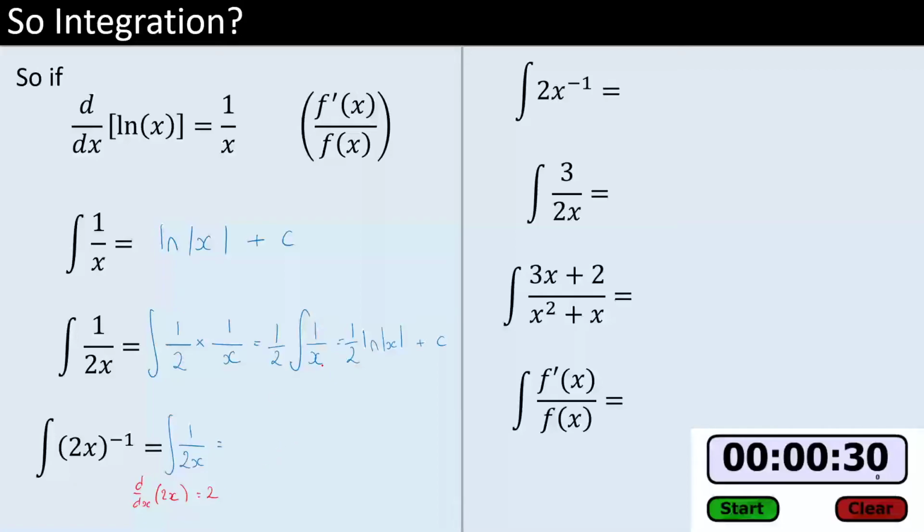Well, looking at the answer that we've got from above, you might be quite quick to say, well, if I've got 2 and I want 1, I've got to half it. And you would be 100% right.